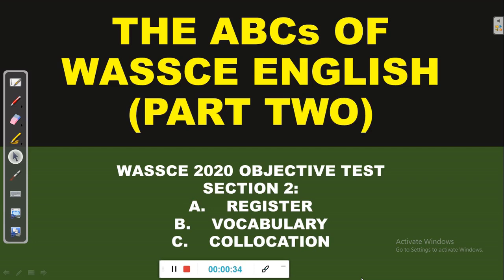And there are three major grammatical principles we shall be examining: A, register; B, vocabulary; and C, collocation. We are going to look at these grammatical principles as linguistic tools for solving the West African Senior School Certificates examination questions in English, particularly in Section 2.